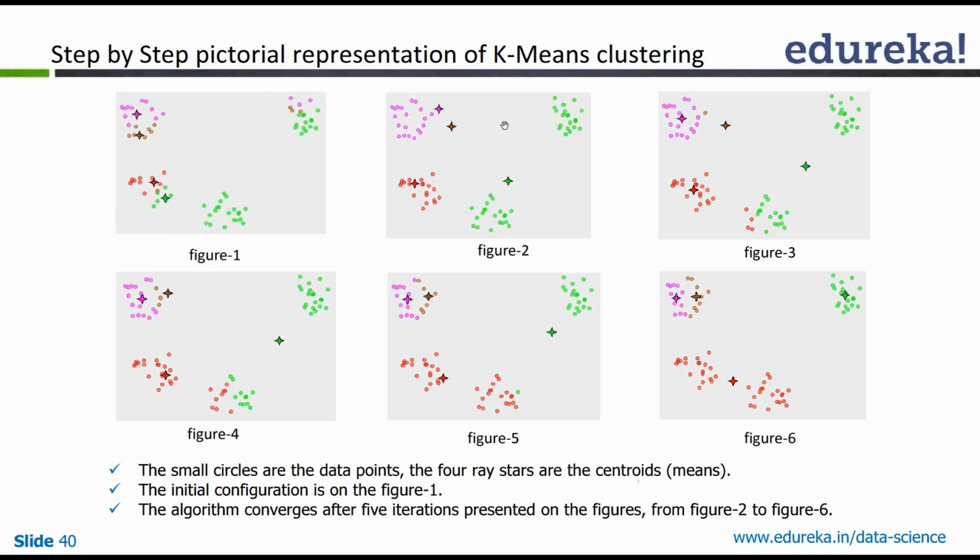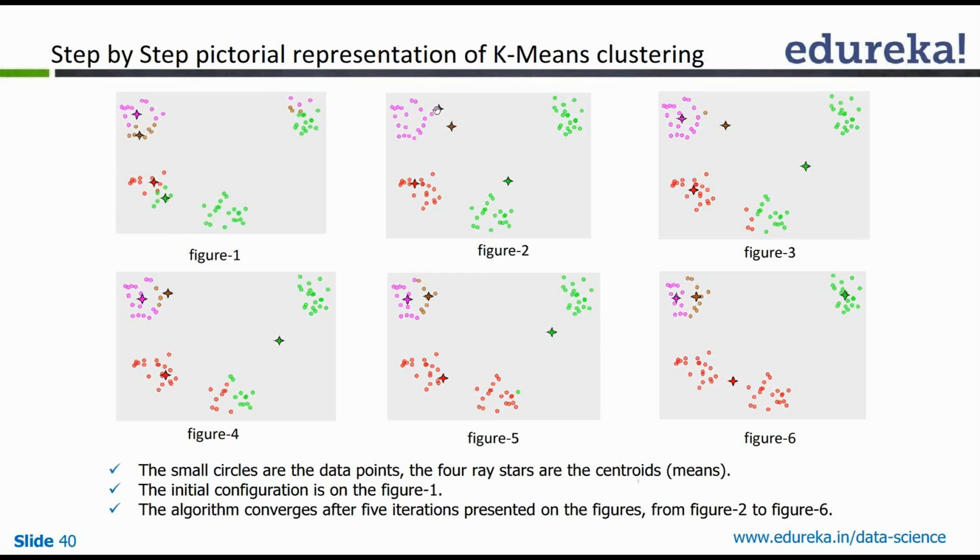Now I repeat the same thing again. For every data point, I compute 4 distances again with the pink star, brown star, red star, and green star, and then I assign it to the closest one and give that color. So for these data points, green is the closest, so I gave green color, and similarly for red data points I gave red color, and so on. Once I do that assignment, I do the average again.